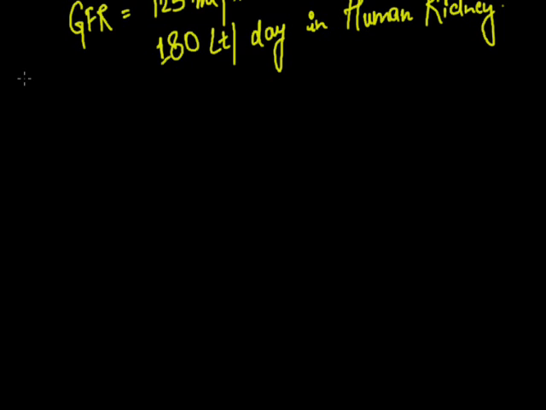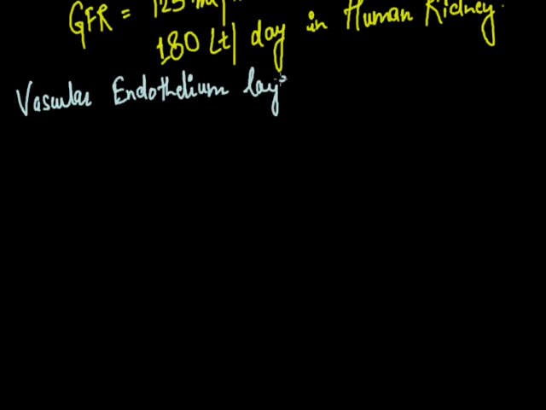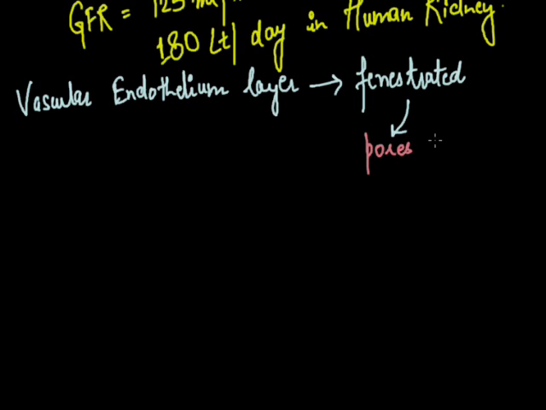Now we'll discuss the three layers I mentioned. First is the vascular endothelium layer, which is fenestrated. Fenestrated means it has pores 8 nm in diameter.